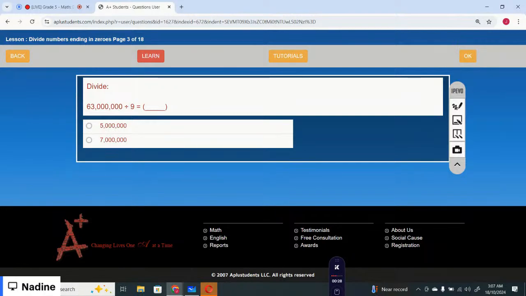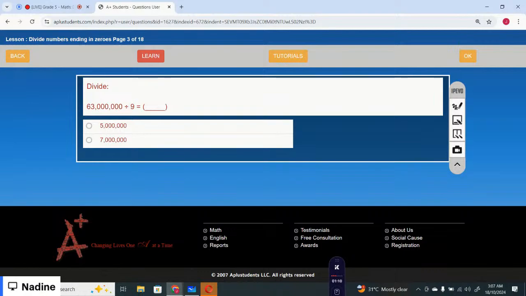63 million divided by 9, which is the correct option? Option 1 or option 2? You need to divide 63 by 9.